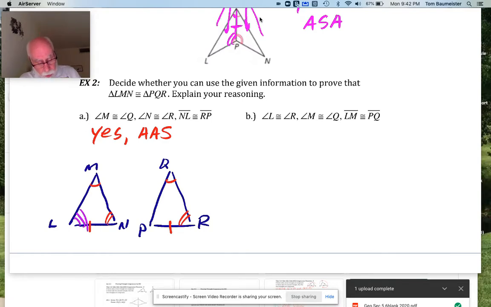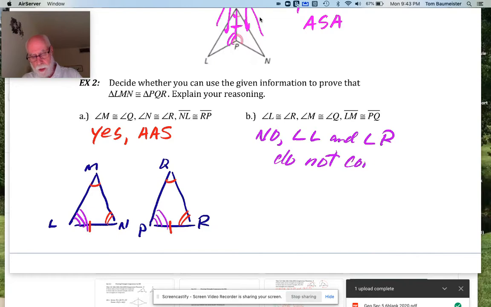Well, the only one that can correspond to is this one right here. Okay. So on this one here, it has to be no, because according to the orientation they have, we can say that angle L and angle R do not correspond.